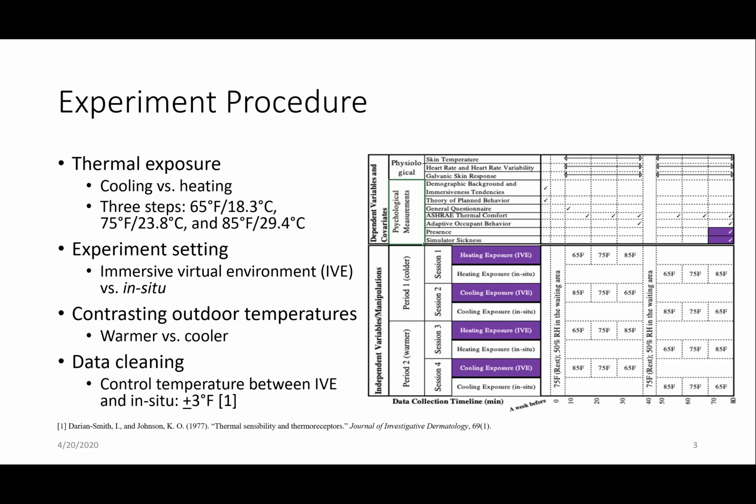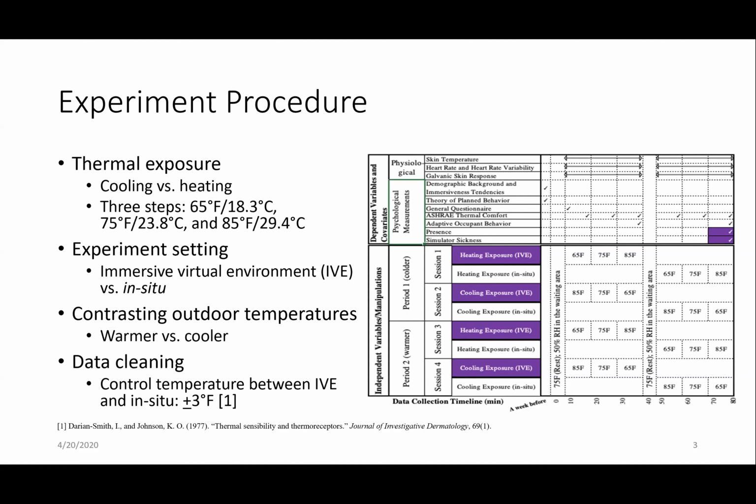We basically want to compare IVE and in situ, two settings. We have two exposures: one from 65 to 85, and the other from 85 to 65. We have three steps, 65, 75, and 85 Fahrenheit, and the setting is IVE and then in situ.